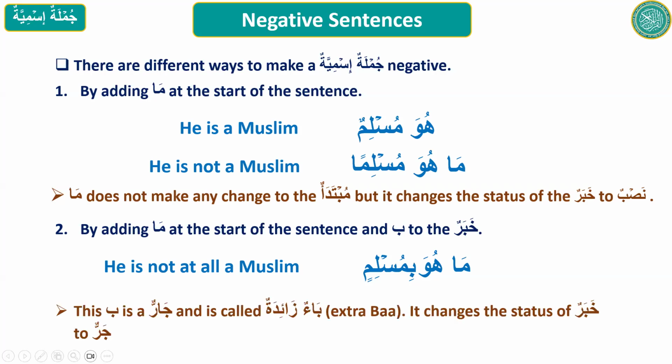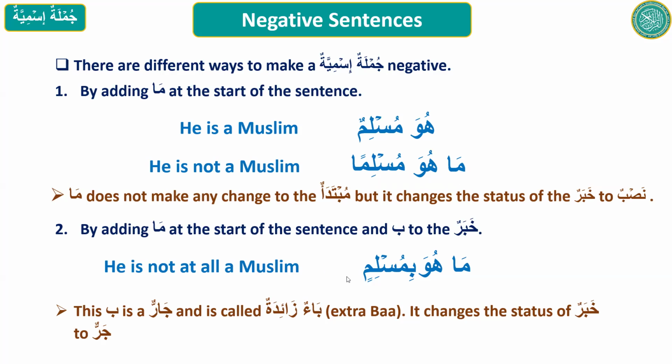All right. This be is a jar and is called ba zaida. It's an extra ba. It changes the status of khabar to jar and makes it a stronger negation. So we have learned how many methods so far? Method number one, adding a ma and making the khabar mansub, nasab.